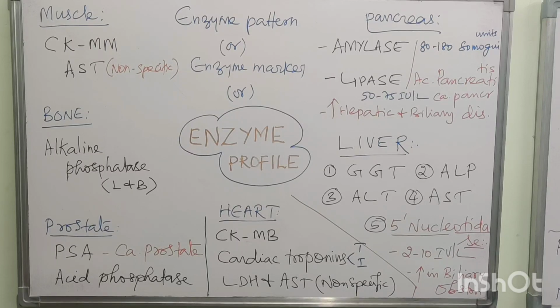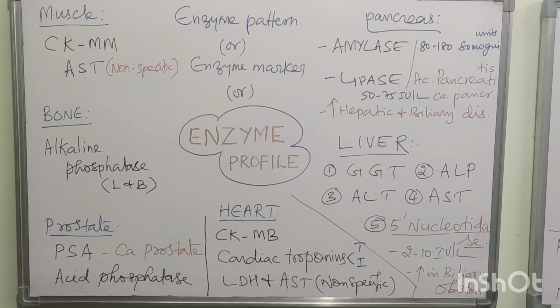The causes where ALT level is increased are cirrhosis of liver, infective hepatitis and some malignancy of liver. Whereas coming to AST, that is aspartate transaminase, the normal level is 10 to 15 international units per liter. It is increased in myocardial infarction, parenchymal liver diseases, dermatomyositis and some muscular dystrophies. These are all the causes for the increased level of AST.